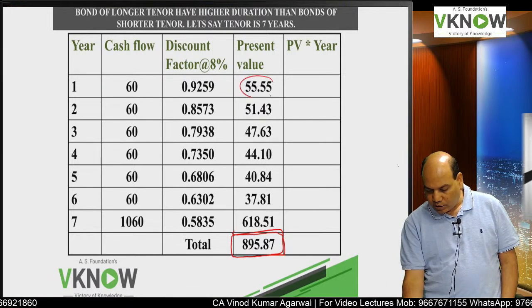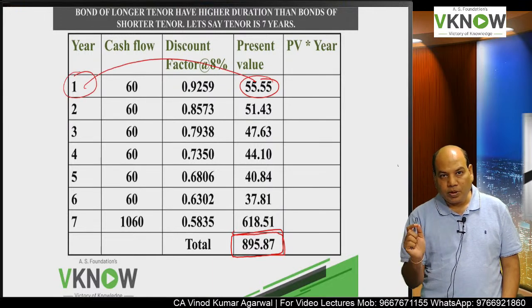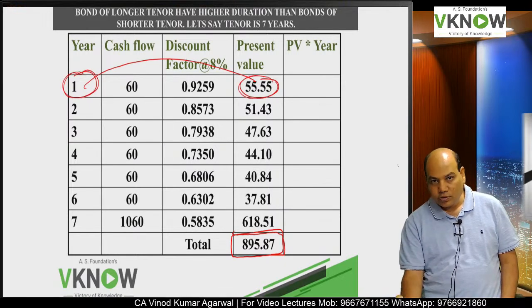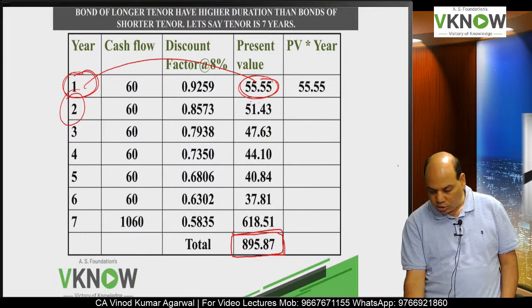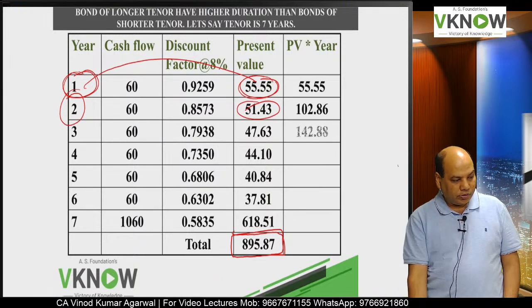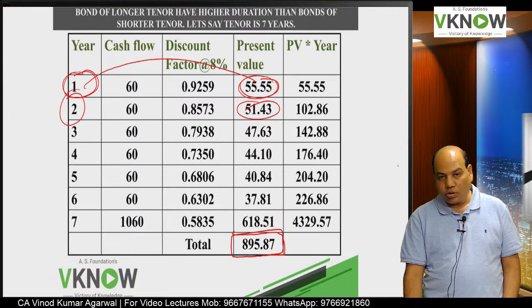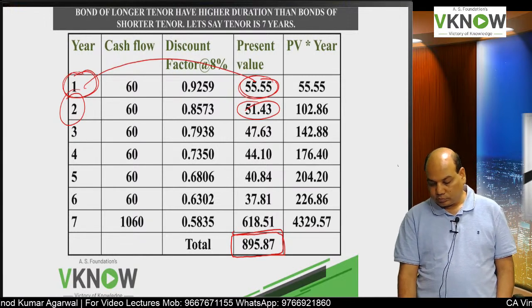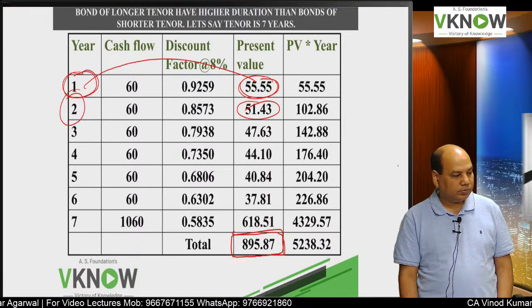Now next column is multiply these two columns, and you use memory plus function also. 1 into this equal to memory plus, 2 into this equal to memory plus. Similarly continue, and after you have done all the 7th year, memory recall function. So what is the total of this last column?